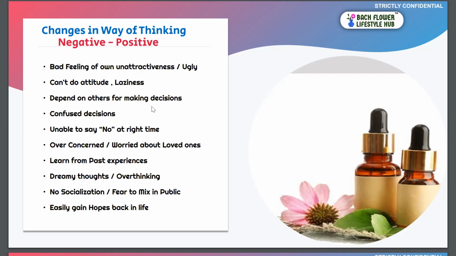Okay. Those who depend on others for making decisions. We have seen multiple challenges people have in terms of decision making. So we have certain remedies, very specially designed, very specially discovered by Dr. Bach, which help us to improve decision making. Many times people take decisions by asking others, not confident.